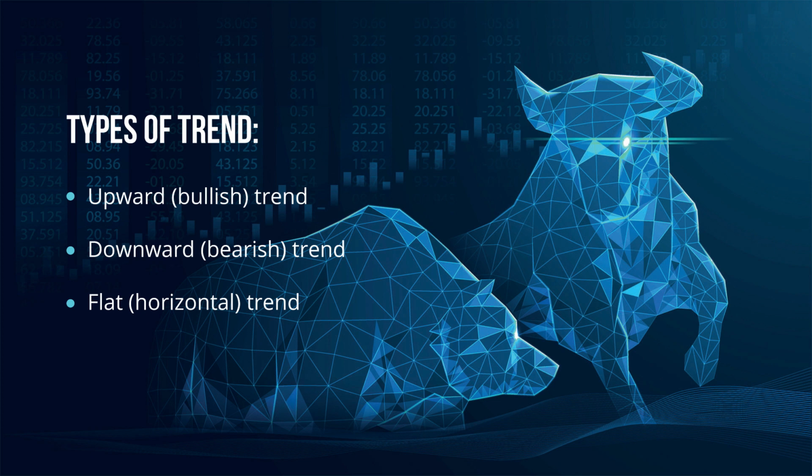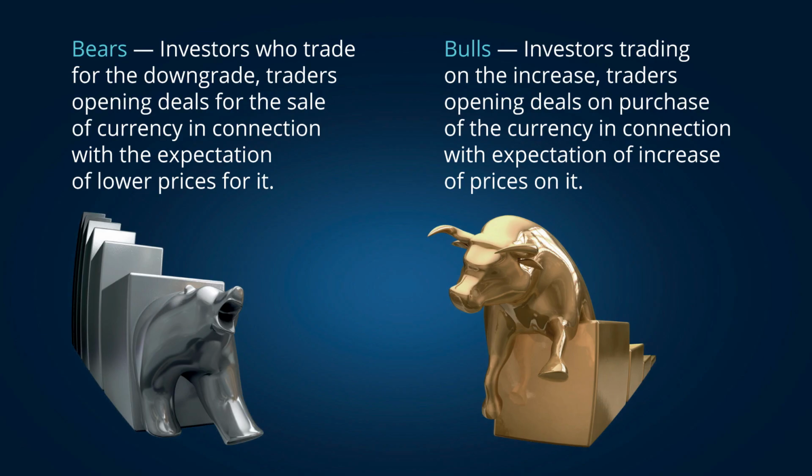You will probably be surprised that these words, like bullish and bearish, are actually even more popular among the traders than upward and downward trends. So by the same logic, we are talking about 2 groups of traders, of investors. Ones are called bears and the others are called bulls.